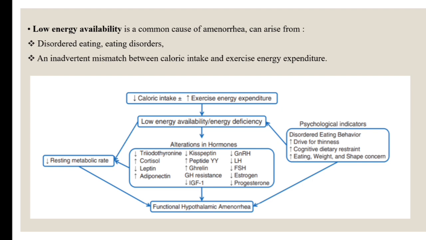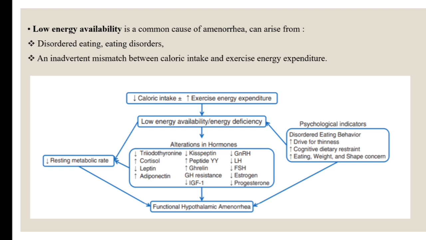Because of decreased calorie intake and also increased exercise energy expenditure, it leads to low energy availability or energy deficiency, which can alter hormones like cortisol, leptin, gonadotropin releasing hormone, LH, estrogen, progesterone, and many other factors, and further lead to hypothalamic amenorrhea.